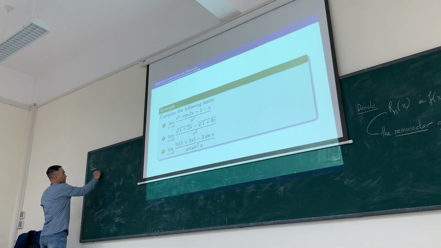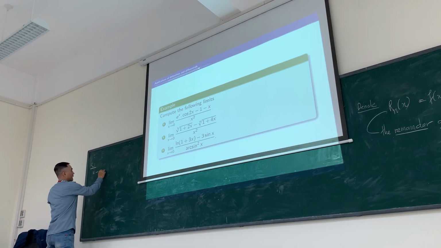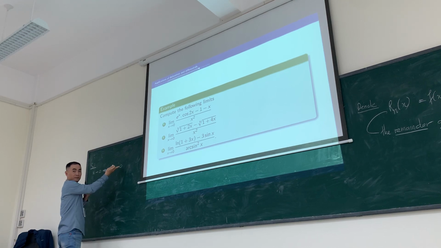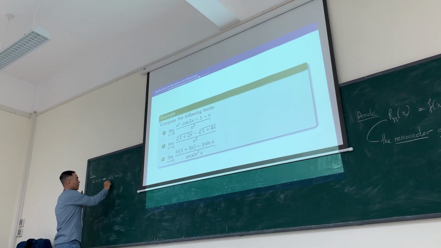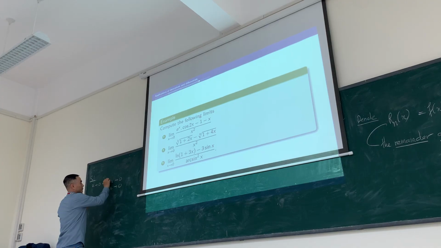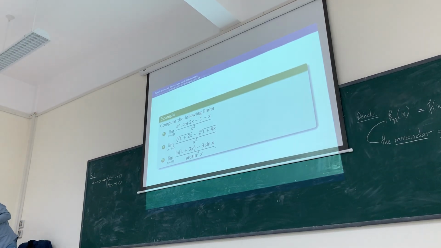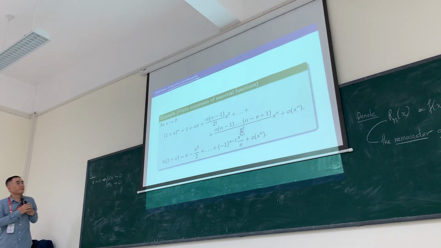When x tends to 0, we can imply 2x tends to 0 and 4x tends to 0. Now, return to the formula.